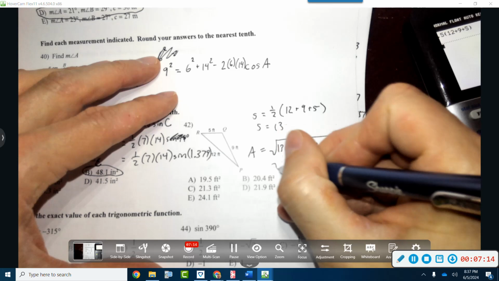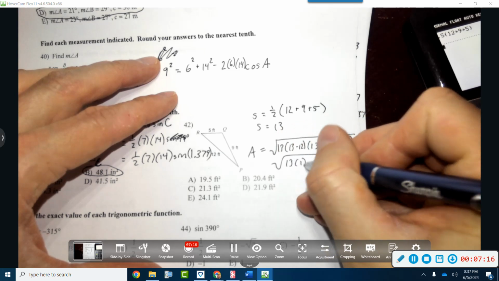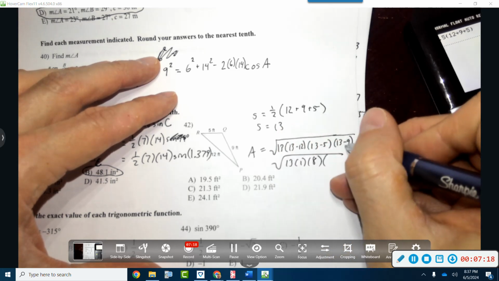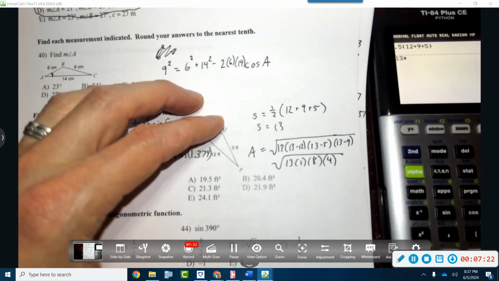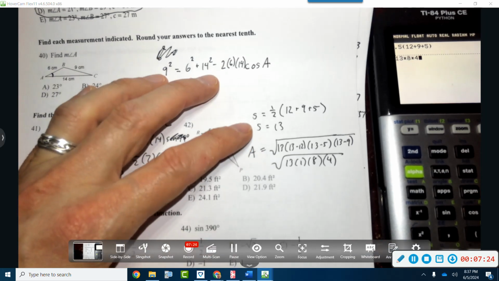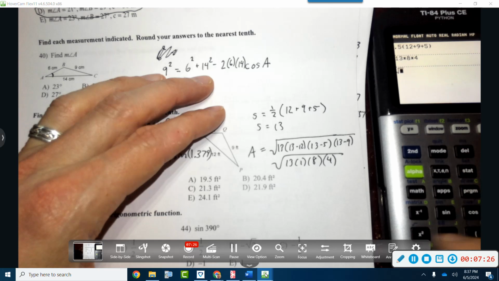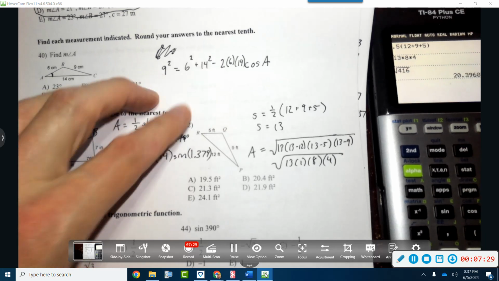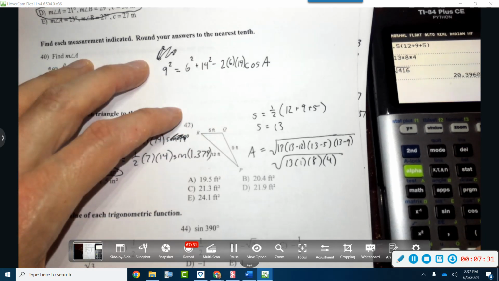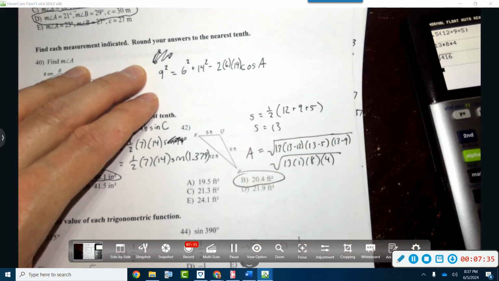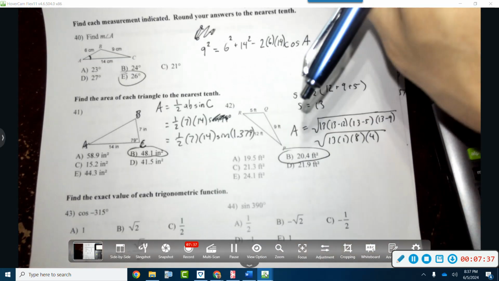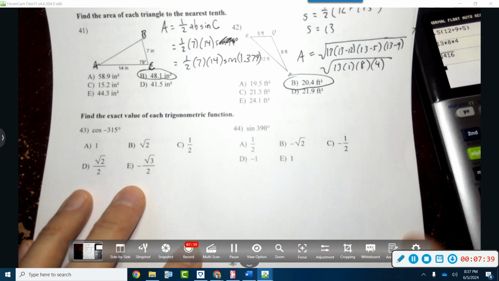So this will be 13 times 1 times 8 times 4. So 13 times 8 times 4 is that. We're going to take the square root of that guy, and we get 20.39. So if we round that up to the tenths, we're going to get 20.4. All right. So we'll finish this off right here.